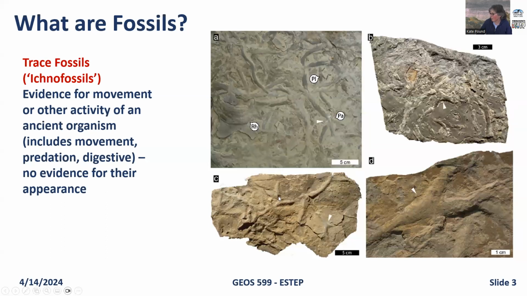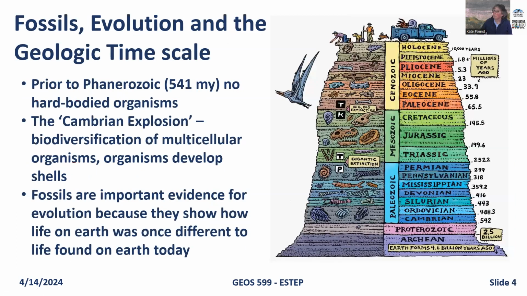This is something you are most likely to encounter or may have seen. You'll see some evidence of these trace fossils in some of the facing stone at Target Field, if you go there.